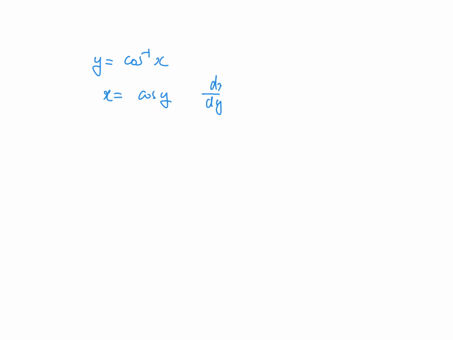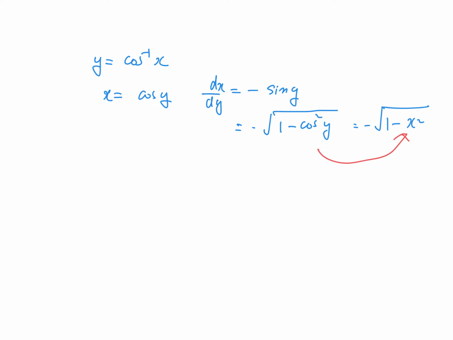So dx/dy is minus sine y, which is minus the square root of 1 minus cosine squared y, the square root of 1 minus x squared. So dy/dx is minus 1 over the square root of 1 minus x squared. This is probably the easiest form of differential equation.